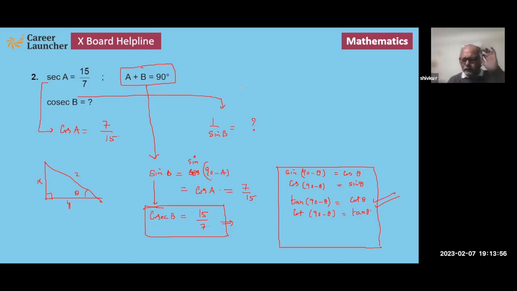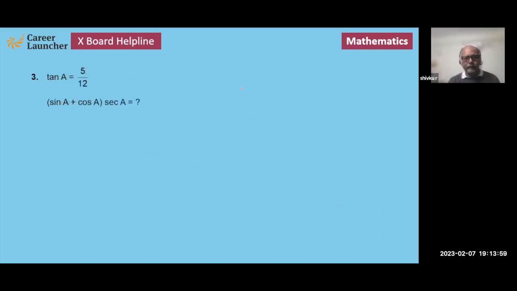So the simplest topic is trigonometry. Tan A is equal to 5 by 12. Sin A plus cos A into secant A is how much? I think the better thing is not to find the value of sin A and the value of cos A and then simplify; that's not the best method. So what is the best method? We first expand this expression.